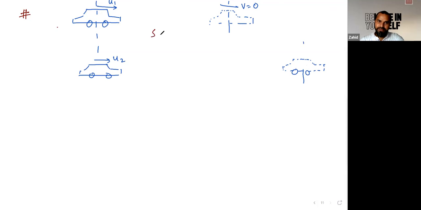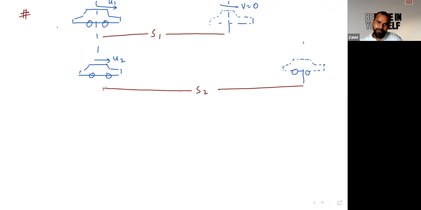So the distance in the first part would be S1, and the distance in the second part would be S2. In this part, we are just applying brakes to stop, so the vehicle will be retarded with some acceleration, let's say a. So here the retardation or deceleration would be a.